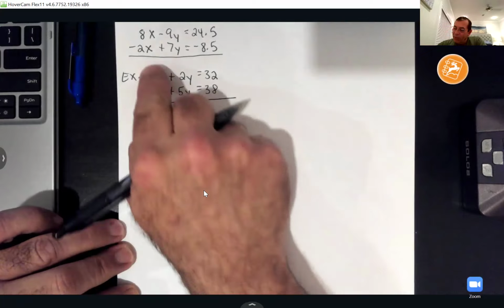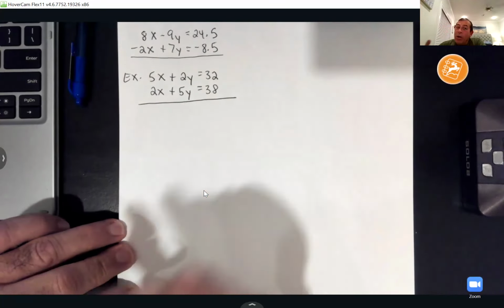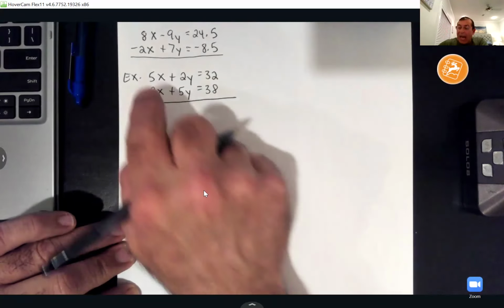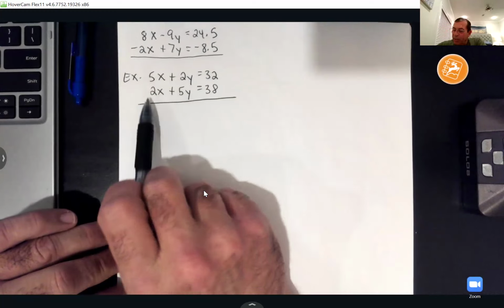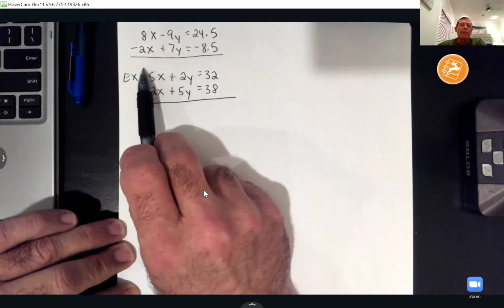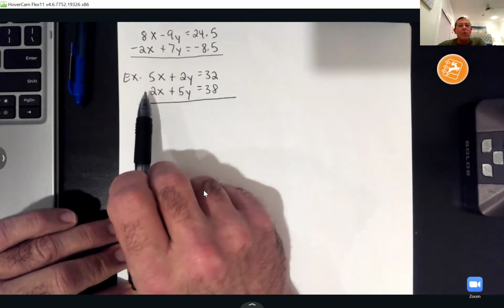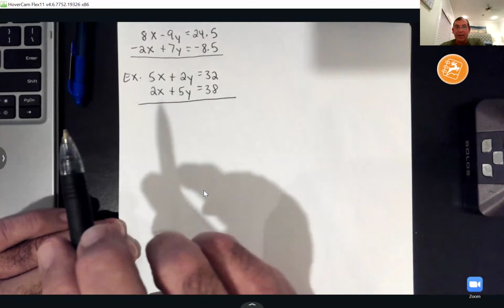So look here, I got 2 and 5 here, 2 and 5 on the y's. Now, if I wanted to change these rows, I would have to change both rows. And probably the smallest number I can use for 2s and 5s would be a 10. I would have to make one of these a +10 and one of these a -10 in order to cancel these variables, okay?